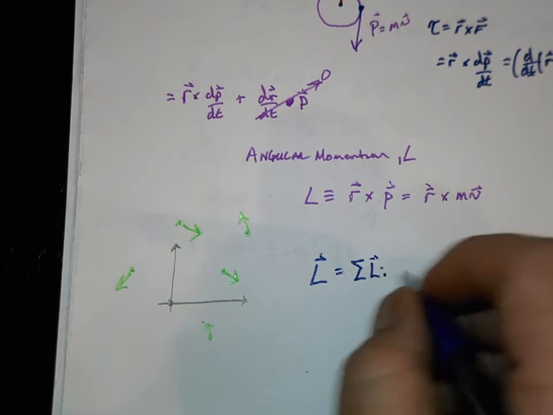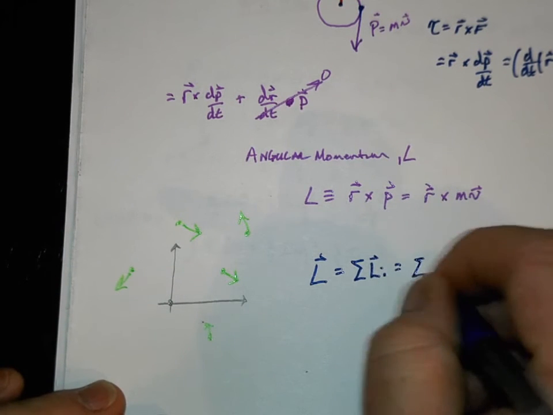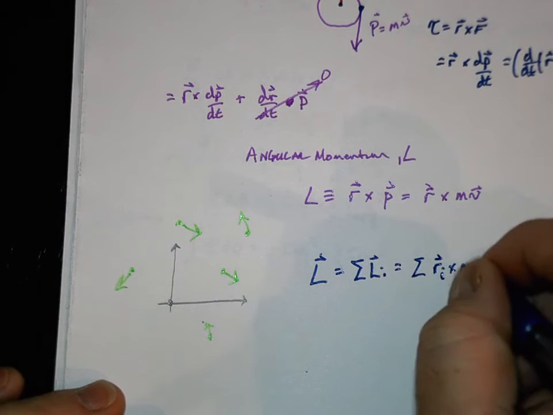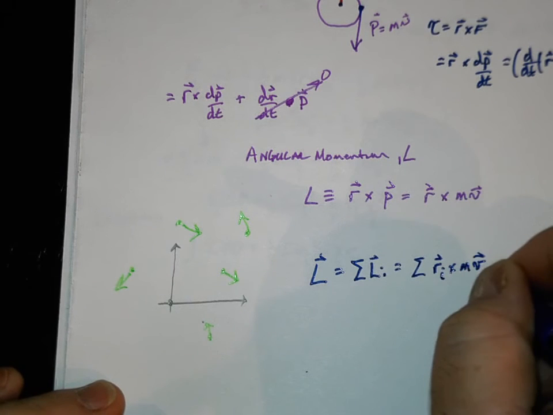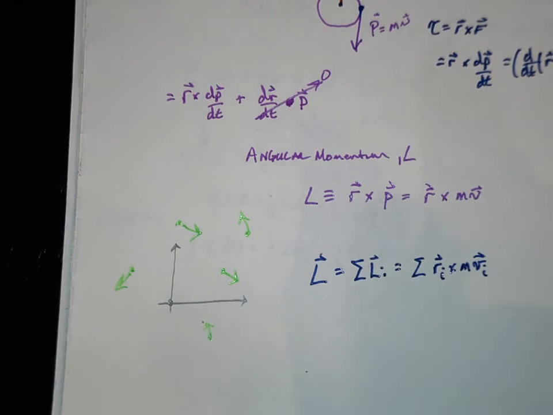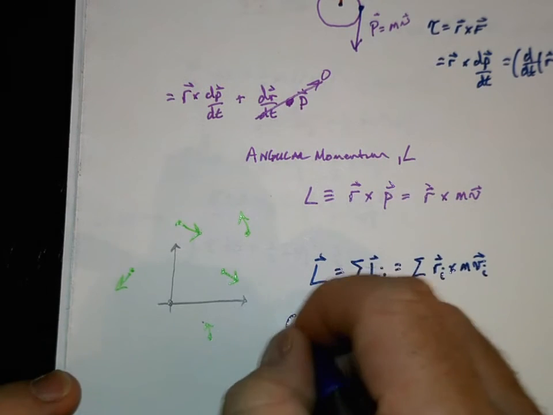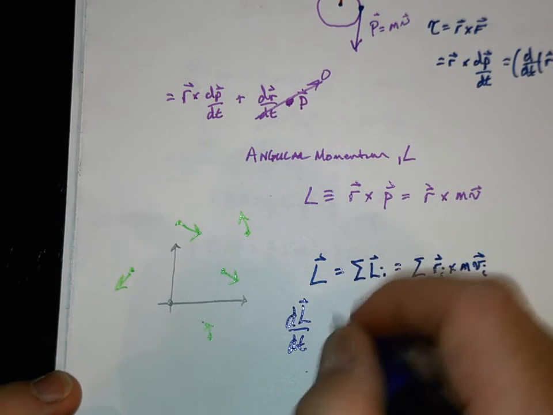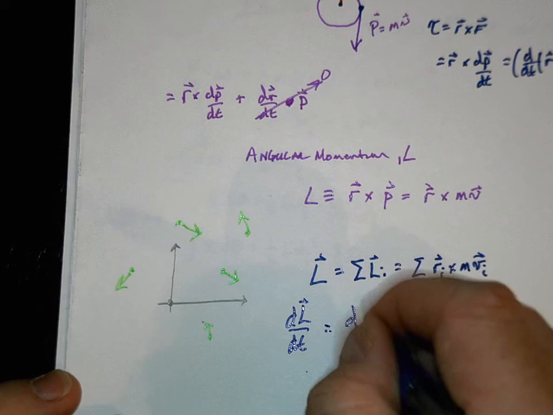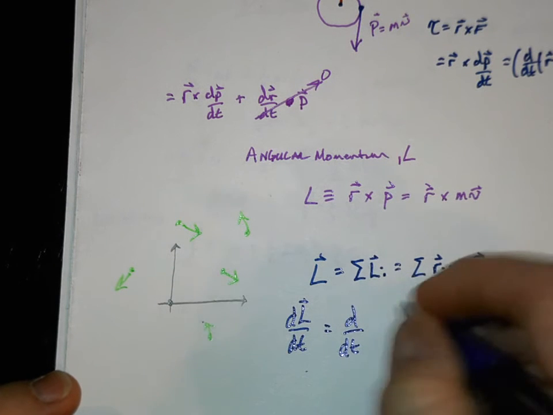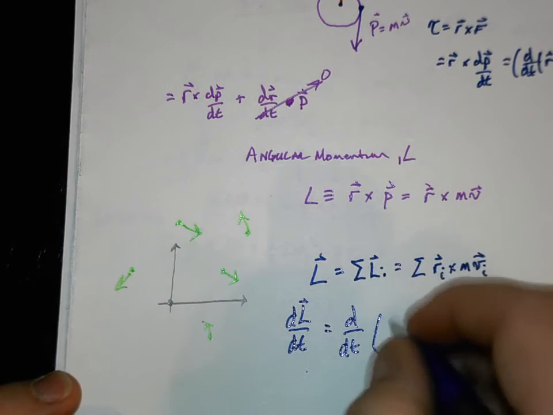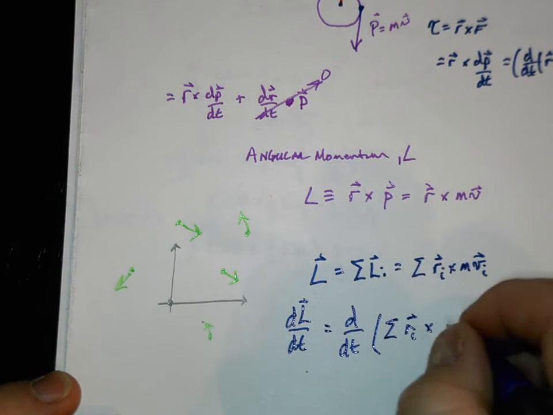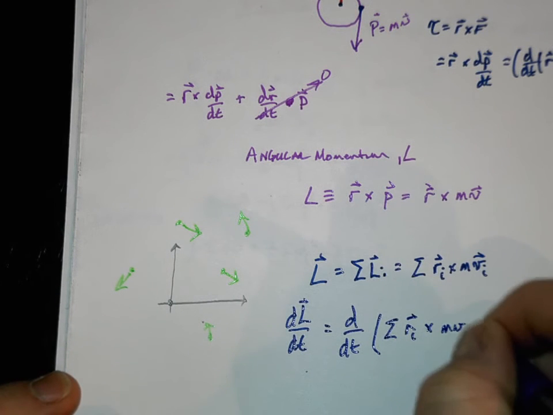Okay, and this becomes the sum of their radius crossed with mv, i. And so our dL dt, if we take the time derivative of this, is going to wind up equaling d dt of this whole sum right here, Ri crossed with mvi.